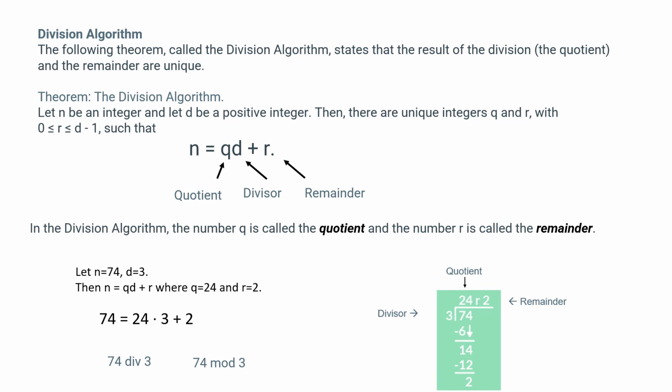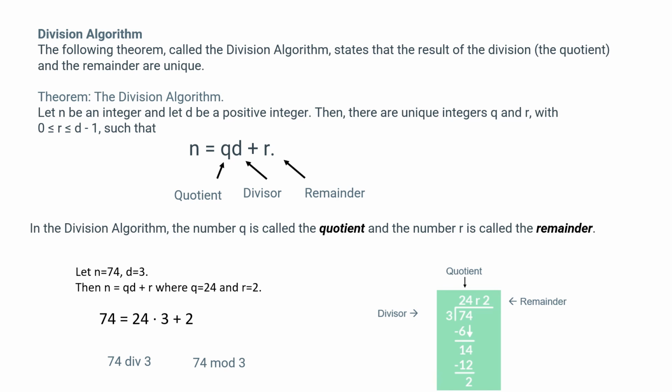That would be the 24. Basically it's just saying we can write 74 as the quotient times what we were dividing by, so 24 times 3 plus 2.